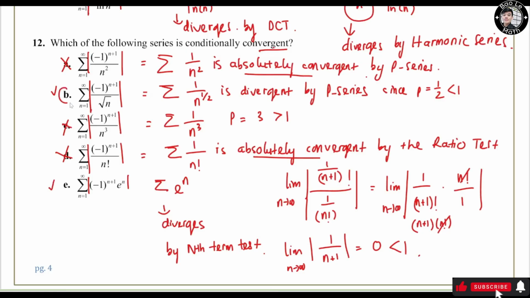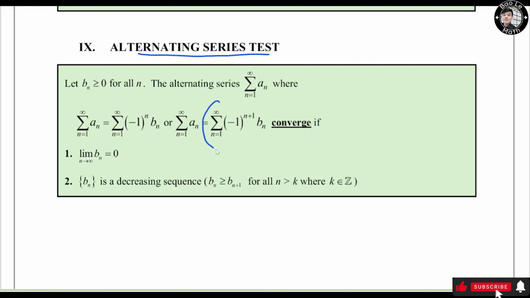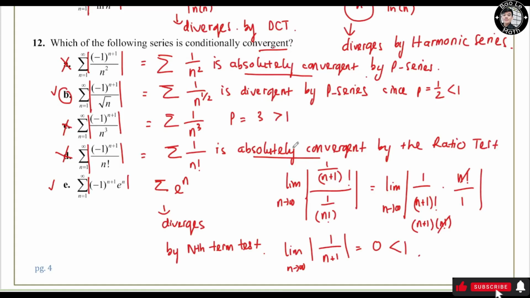Now for question B right here, we're going to use the alternating series test. The series right here converges if the limit of b sub n equals 0 and b sub n is a decreasing sequence, right? So we're going to check to see if it's right or wrong. The limit of b sub n, which is 1 over square root of n when n approaches infinity, is 0.